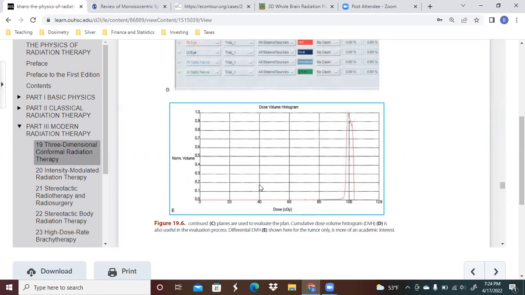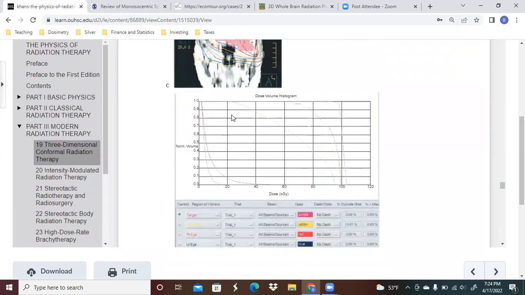You will see exactly what percentage is receiving a particular dose, and they're color coded so that you can see that, say, here 50% of the structure is receiving somewhere around 4 to 5 gray. Here 50% is receiving a little bit more than that, and so on.